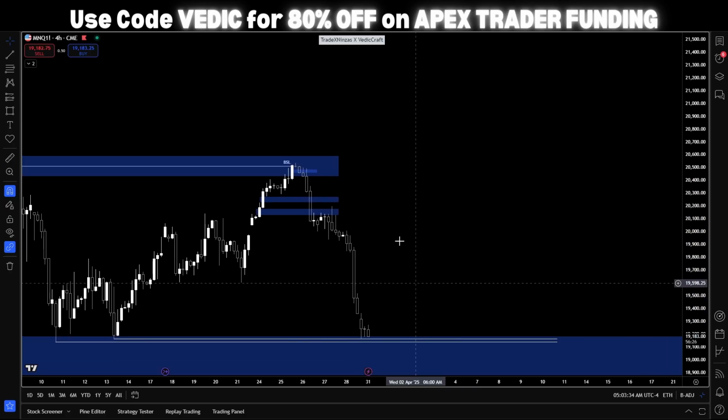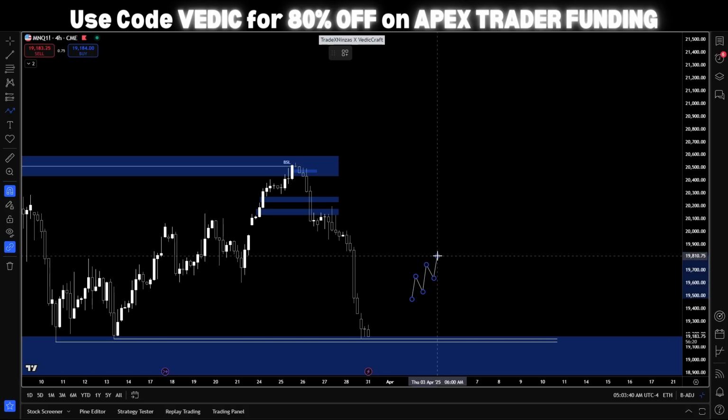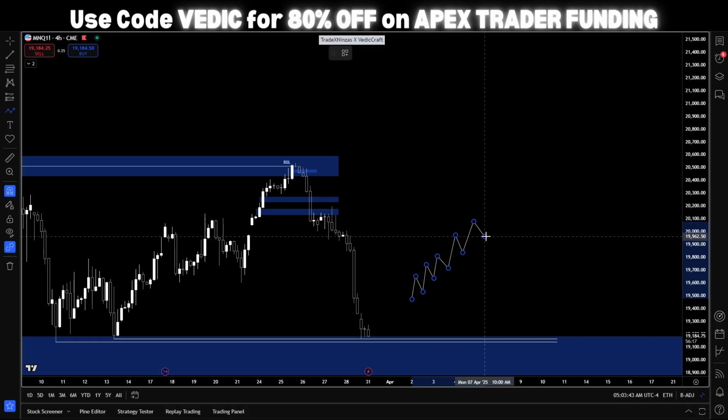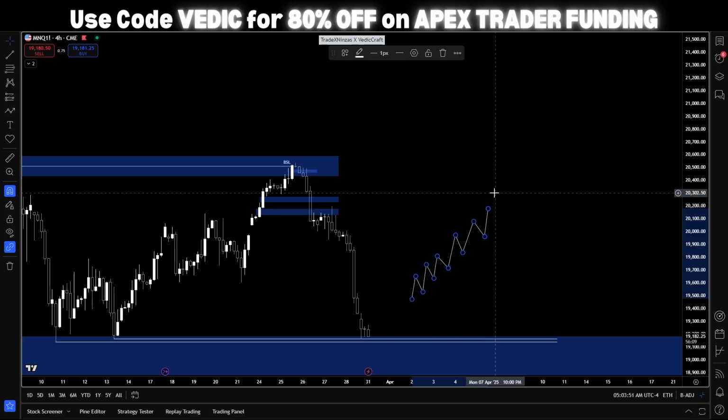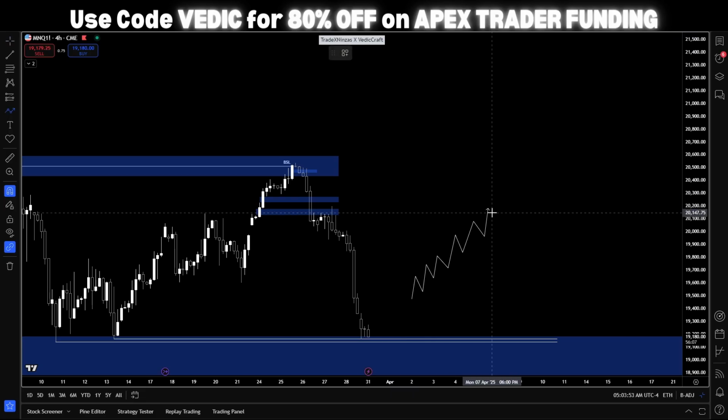In the case of generating liquidity, we will move slower, slowly towards the premium or the discount of the range. Then for the sweeping of the generated liquidity, we will move very fast.